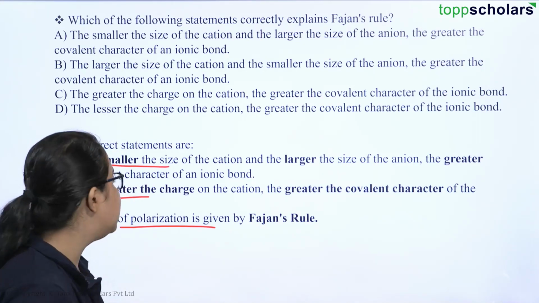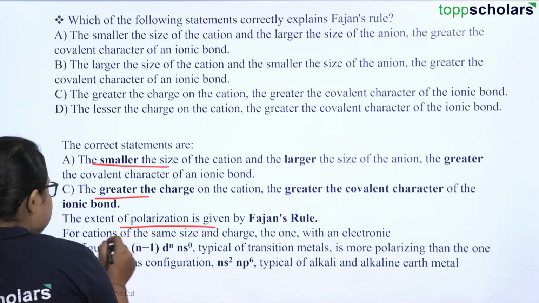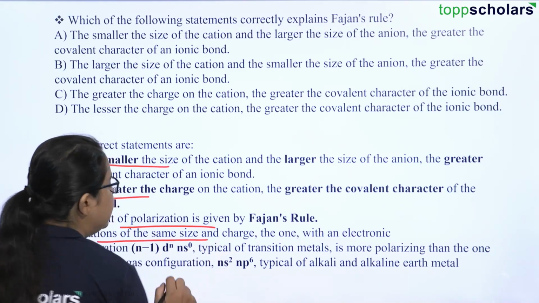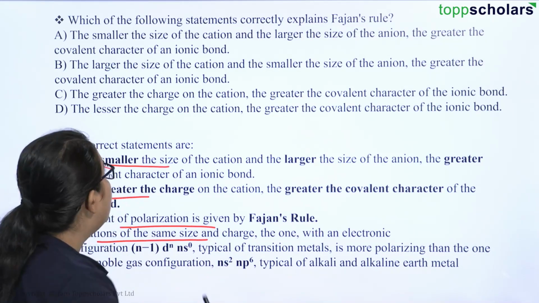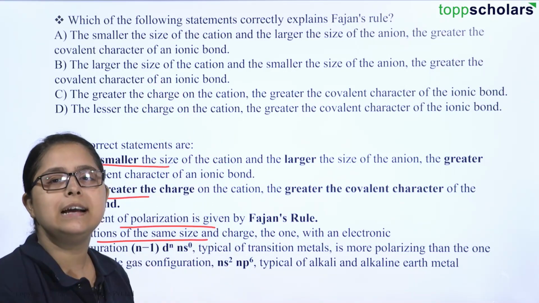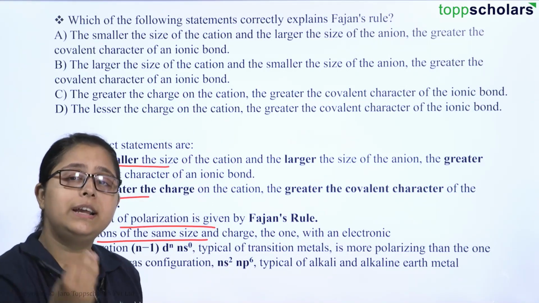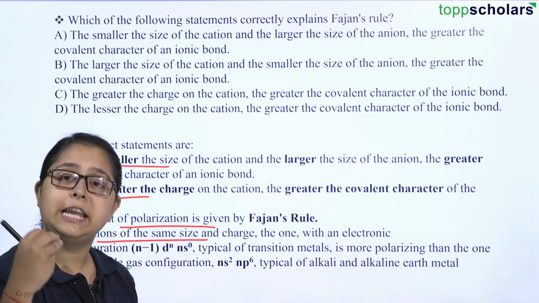Let us have the third postulate. This statement says that for cations of the same size and charge, over here we have talked about different sizes and different charges. But what if there is the same size and the same charge?